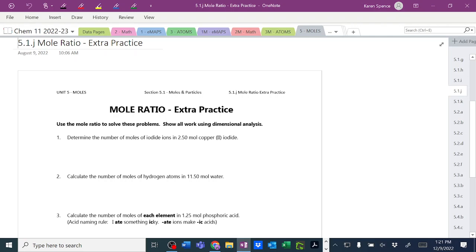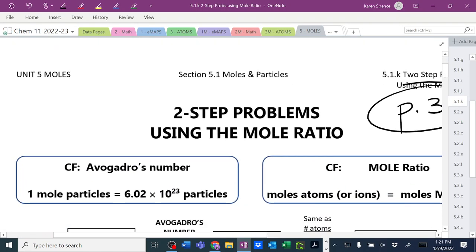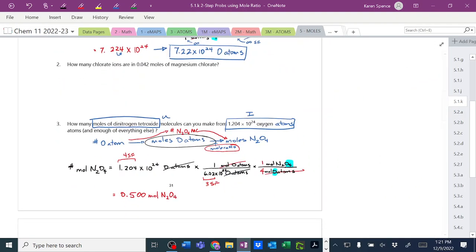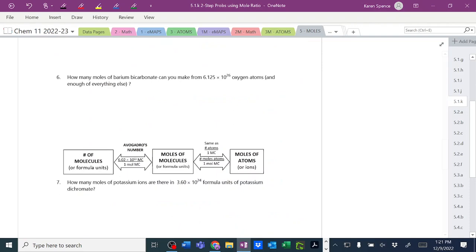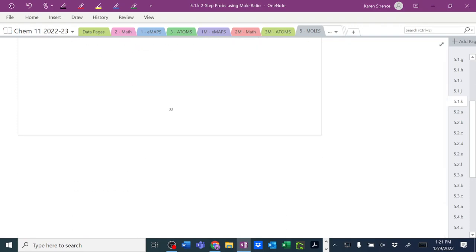And then our final goal is going to be doing these two-step problems on pages 31 through 33. And again, I would say just do every other question. Don't do them all. You'll drive yourself crazy. Okay? But maybe just do every other question.